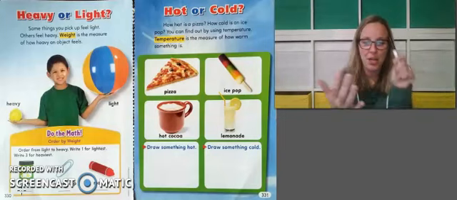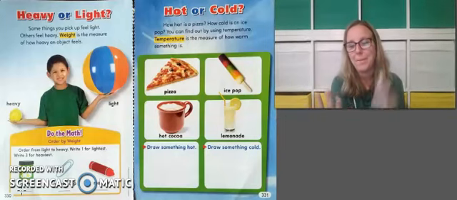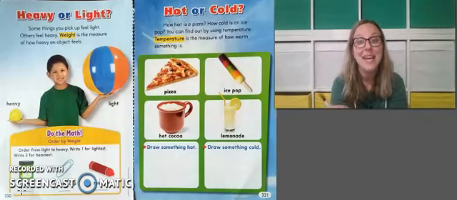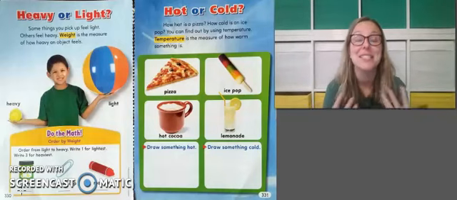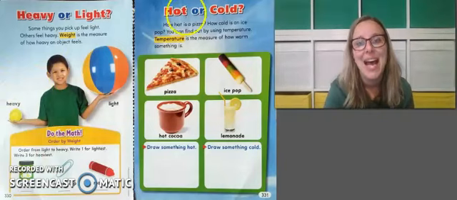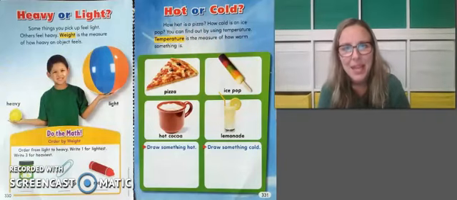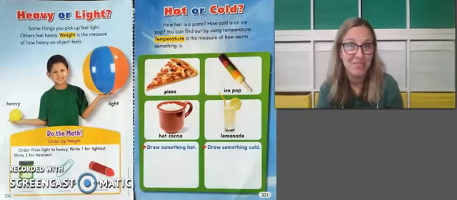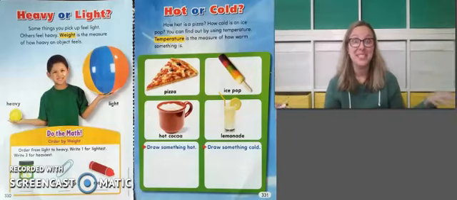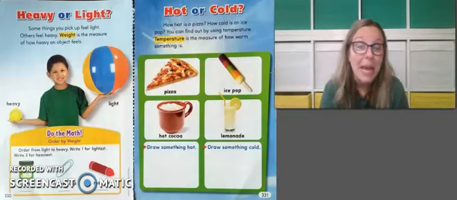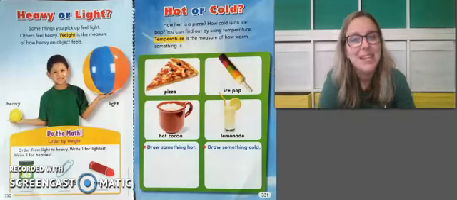All right, so we've talked about shape, color, size, texture, weight, and now we're going to talk about temperature. Hot or cold? How hot is a pizza? How cold is an ice pop? You can find out by using temperature.